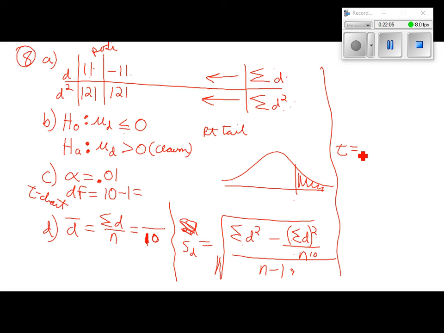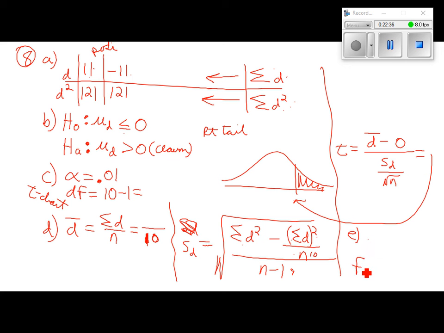The formula for your T value is D bar minus mu D, which is going to be 0, over standard deviation divided by the square root of N. Once you find that T value, see where it falls on the chart, and that's going to tell you part E, whether to reject or fail to reject.